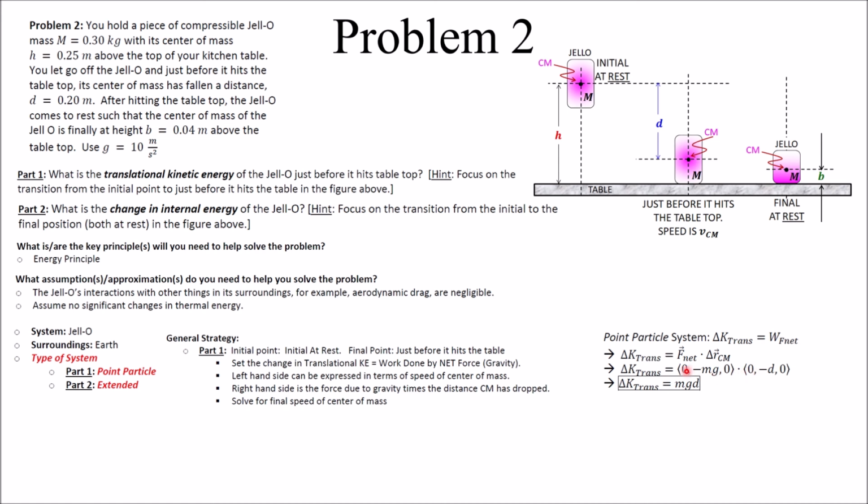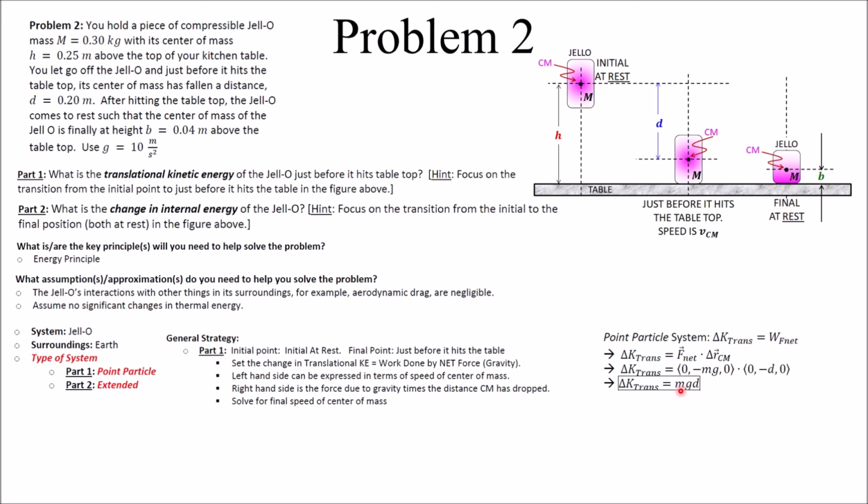Notice there's no movement in any other dimension other than y. So you could say the force is <0, -mg, 0>. The only force is negative mg in the y direction, and the only displacement is negative d. We're not including that additional distance yet.